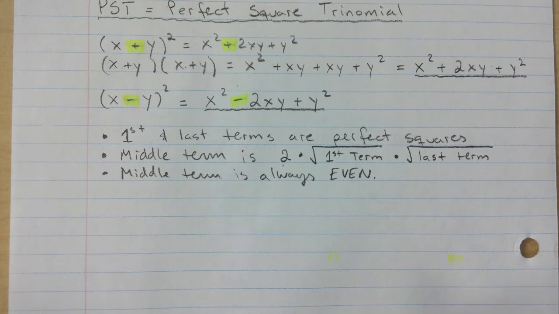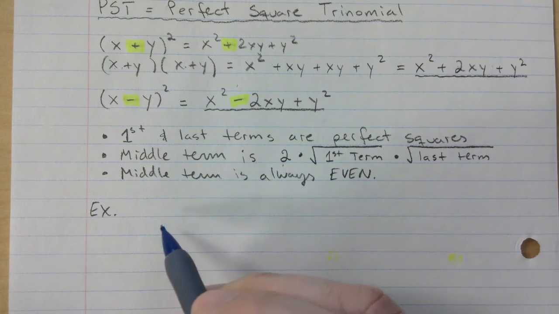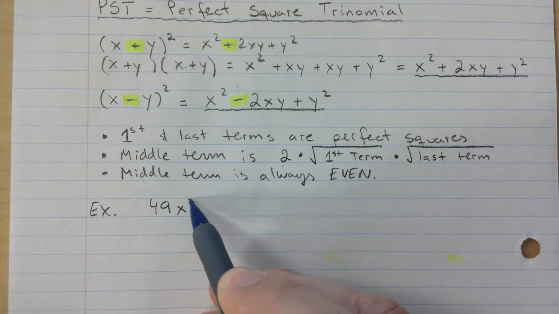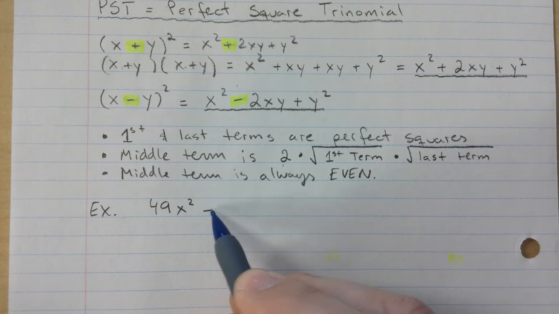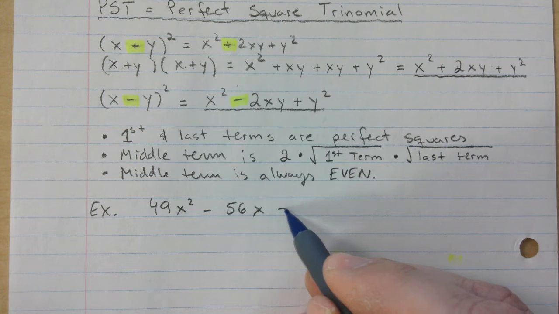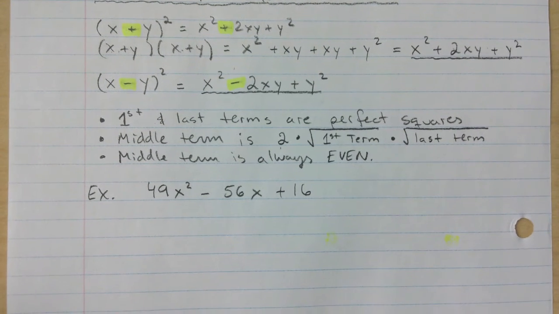So for example, if you have 49x squared minus 56x plus 16, okay?